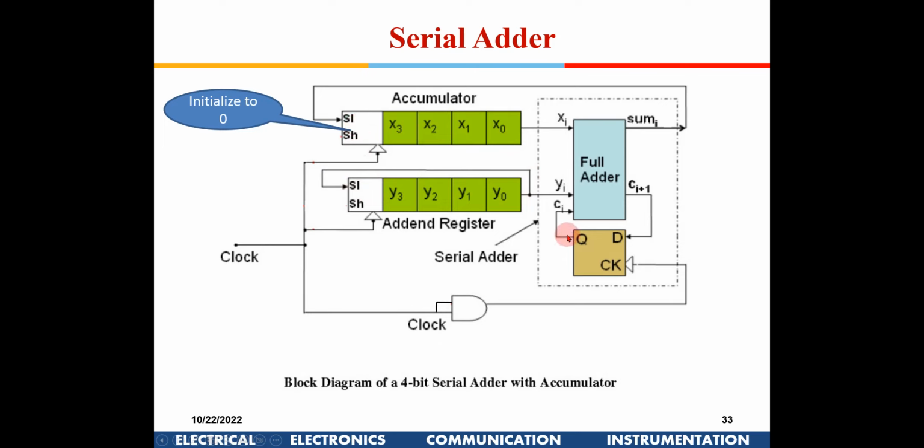Sum will come here. Now in the second clock, it will do the addition here. What is this addition? The new data x1 and y1 will be available here, and the carry from the previous addition is available here, right? So it will do that, and a new sum will be generated and pushed here. So at the end of 5 clocks, I will have the sum available in the top register.